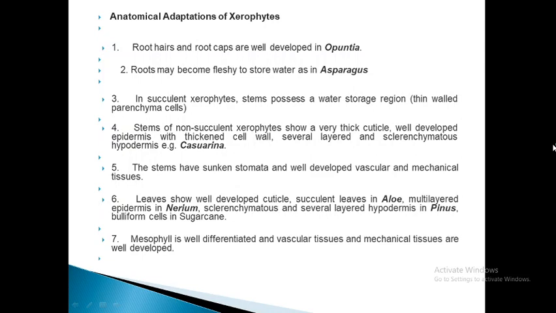Leaves show a well-developed cuticle, succulent leaves in Aloe, multi-layered epidermis in Nerium, sclerenchymatous and several-layered hypodermis in Pinus, uniform cells in sugarcane. Mesophyll is well differentiated, and vascular and mechanical tissues are well developed. These are the anatomical adaptations of xerophytes.